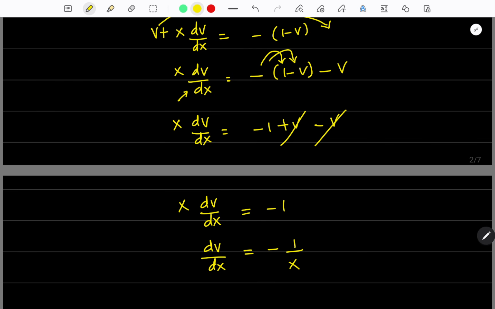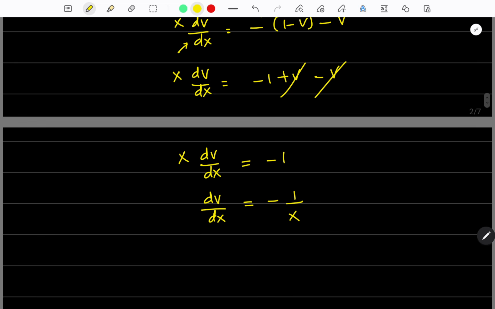I'm taking this x, so I got dv by dx. Now what are the things I need to do? I need to use the variable separable method. In the variable separable method, while you are separating x with dx and y with dy, dx and dy should be in the numerator. Remember, numerator means up.